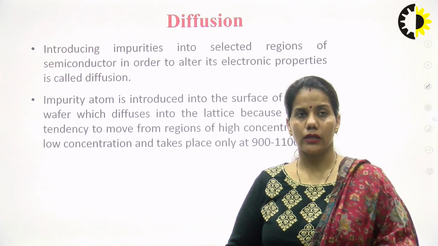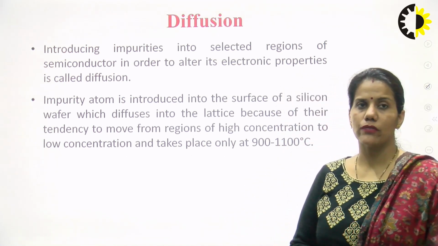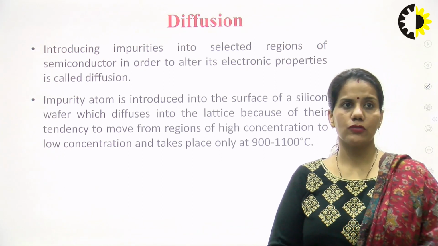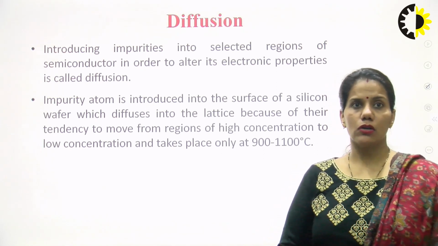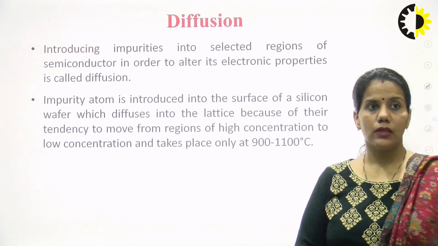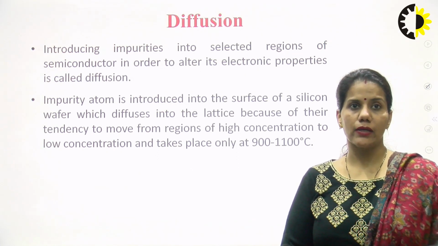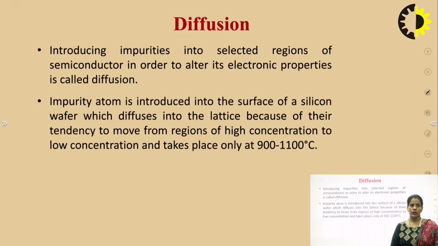So impurity atoms are introduced into the surface of the silicon wafer, which diffuse into the lattice because of their tendency to move from regions of high concentration to low concentration, and it takes place only at a particular range of temperature, that is 900 to 1100 degree Celsius.